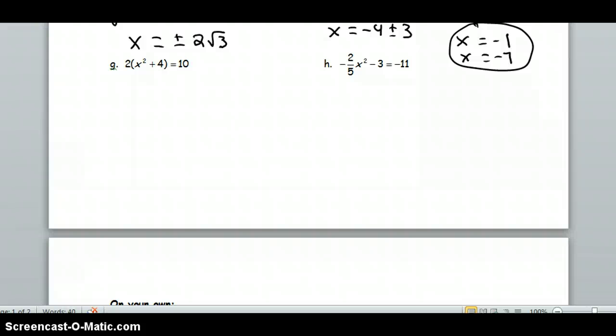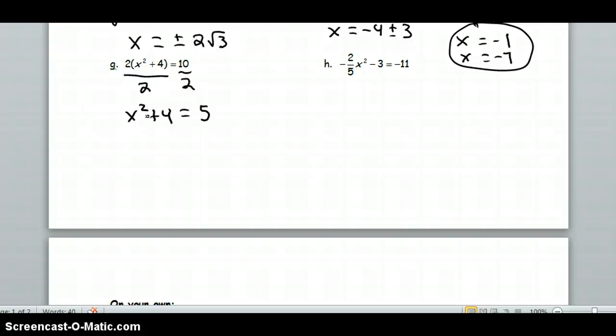G. I'm going to divide both sides by 2. Very similar to the last problem. I'm going to have x squared plus 4 equals 5. Now the difference here is I have the squared on the x. On the last problem, it was outside the parentheses.